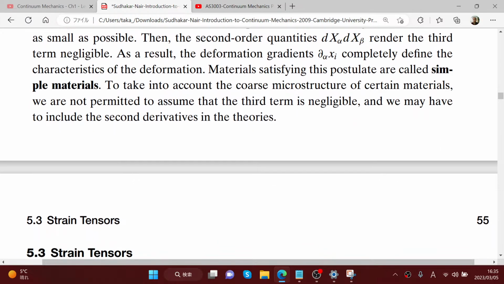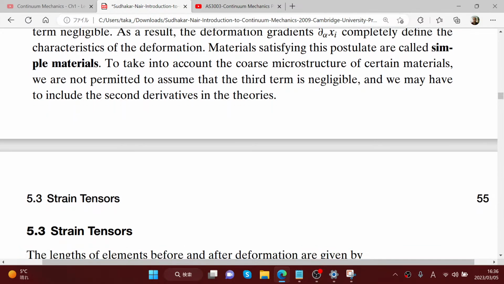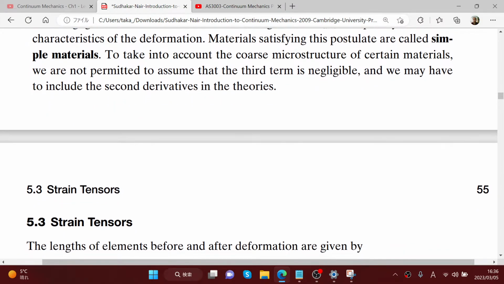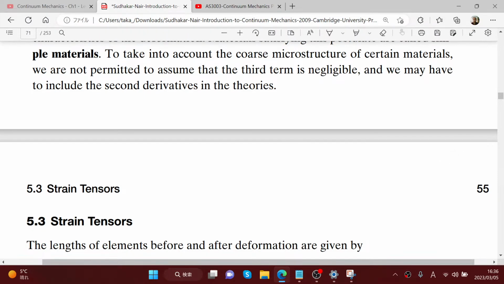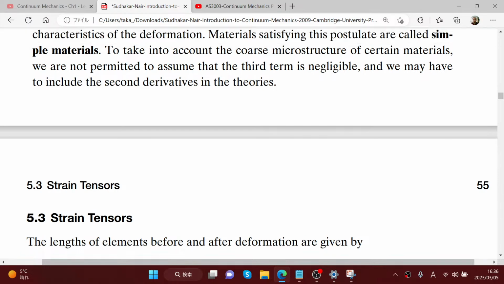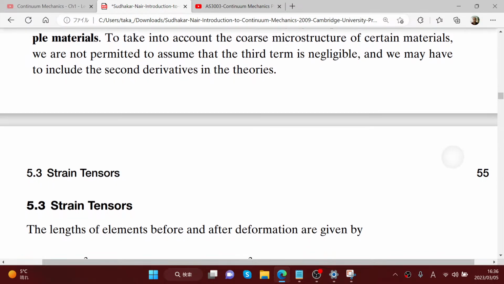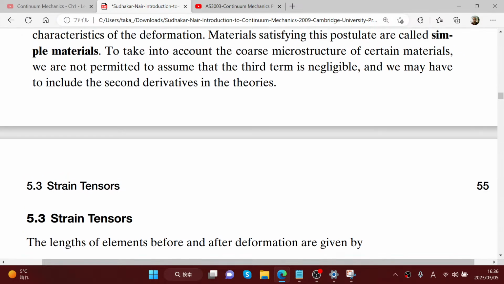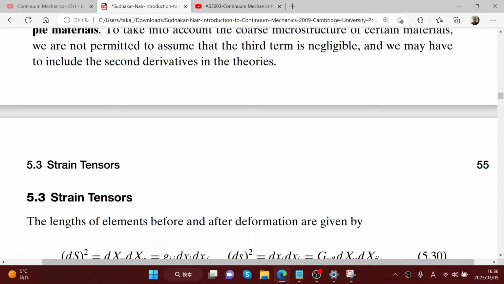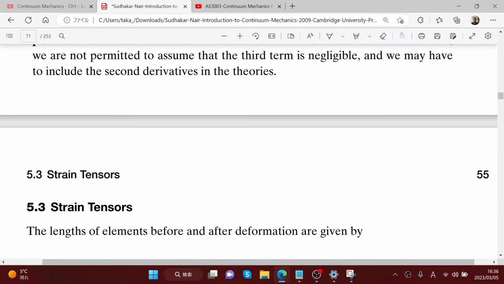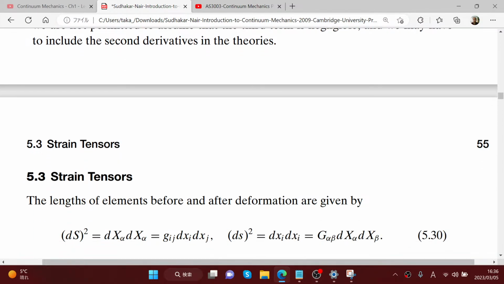Materials satisfying this postulate are called simple materials. To take into account the coarse microstructure of certain materials, we are not permitted to assume that the third term is negligible, and we may have to include the second derivative in the theories.